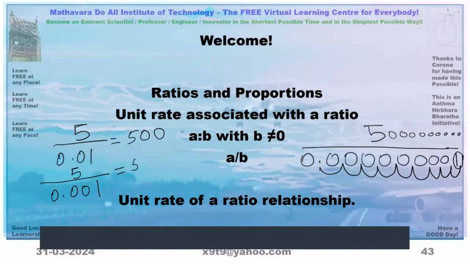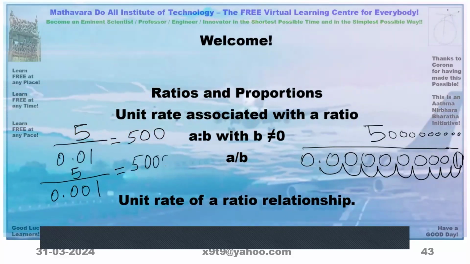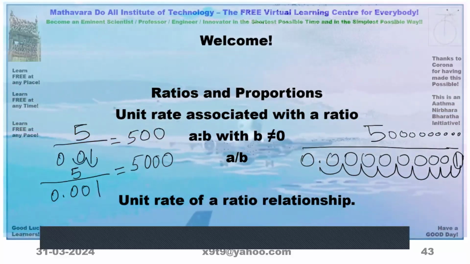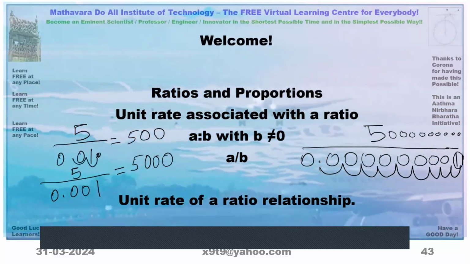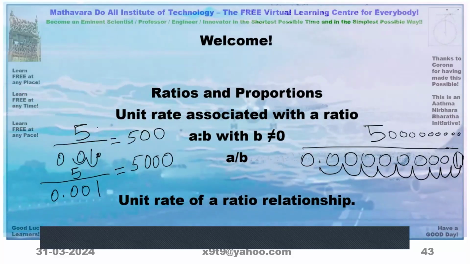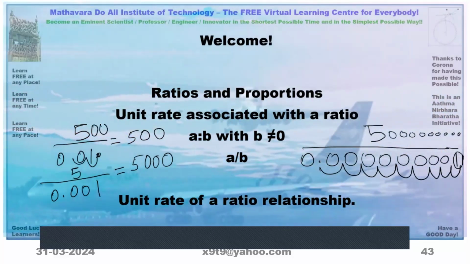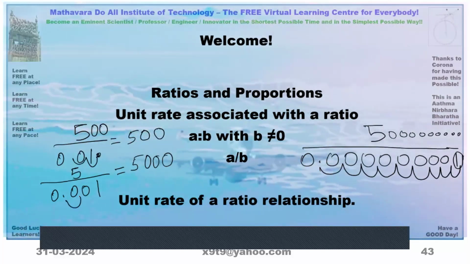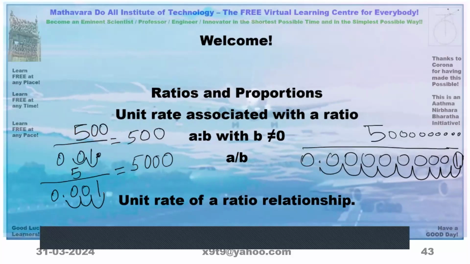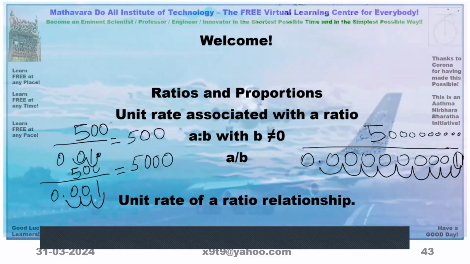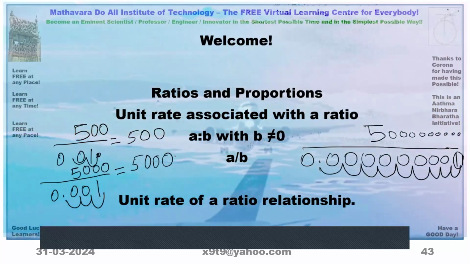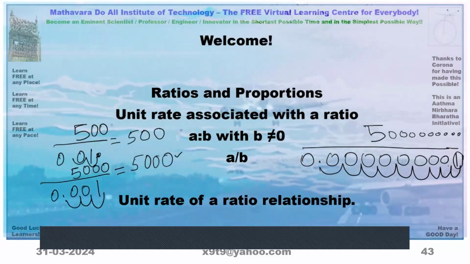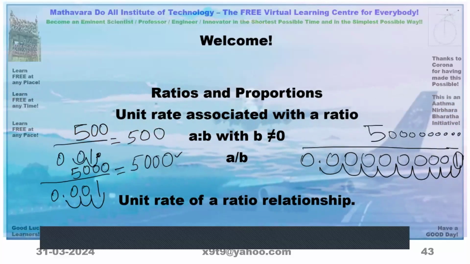Because in the first case we have to move 2 places to get the denominator 1, so 2 places means we add 2 zeros, and it becomes 500. Here you have to move 1, 2, 3 places, which means we put 3 zeros here, so we get 5,000. Like that, if you put a smaller number here, this becomes very large.